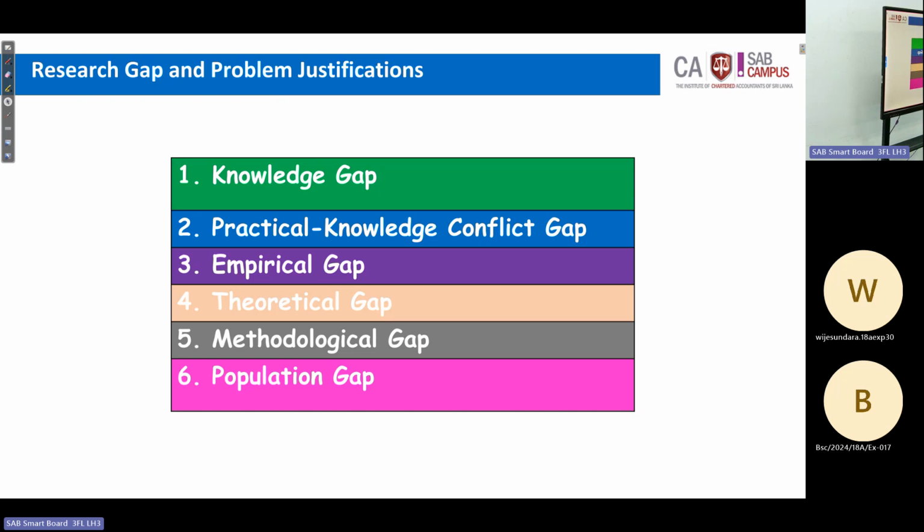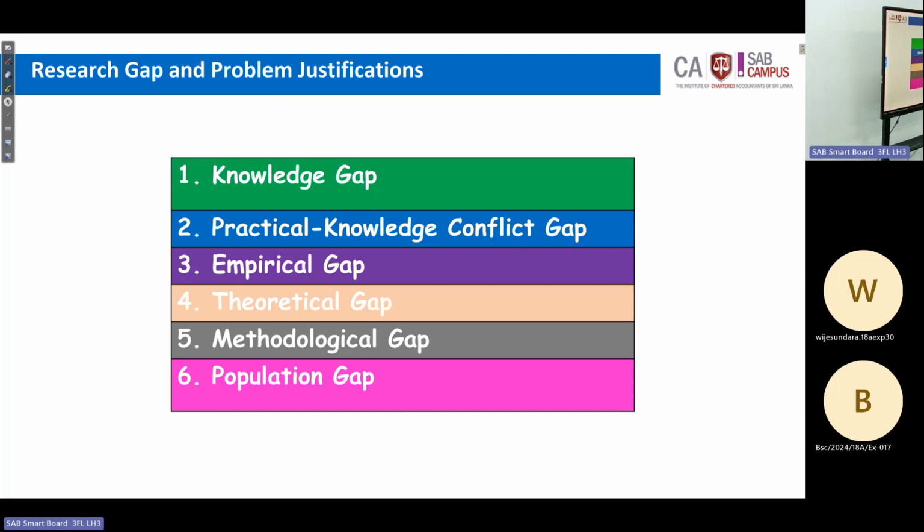But when it comes to the practical scenario, can it be applied? No. Knowledge says something and the practical world says something else. So therefore, there is a contradiction between the knowledge and the practical world.